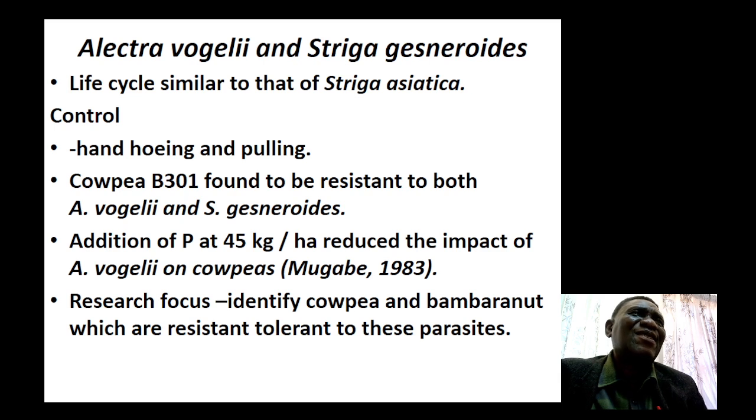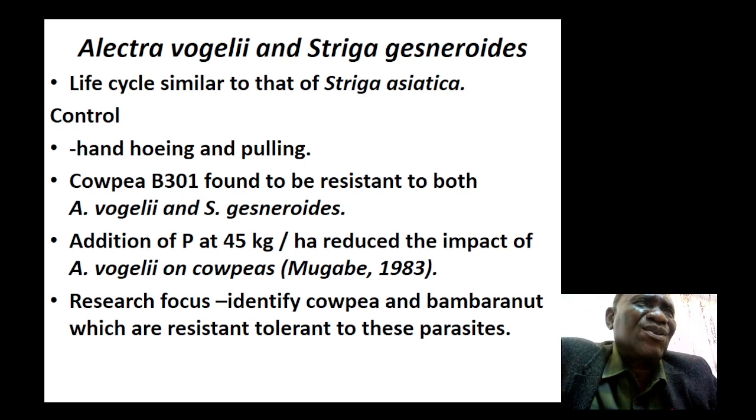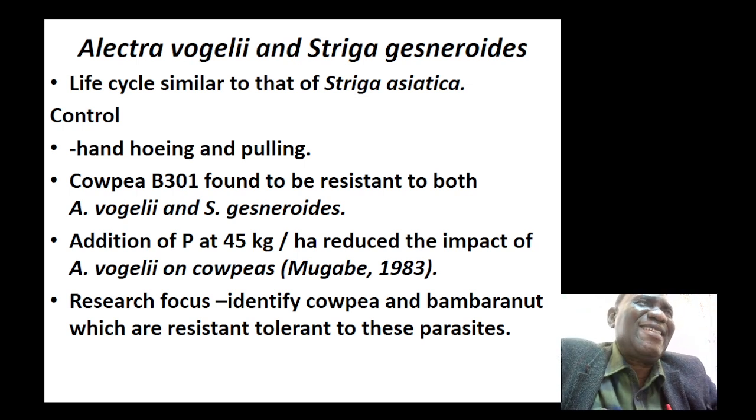You may be interested to know that cowpea B301 was found to be resistant to both Alectra vogelii and Striga gesnerioides. Also, the addition of phosphorus at 45 kg per hectare was found to reduce the impact of Alectra vogelii on cowpeas.